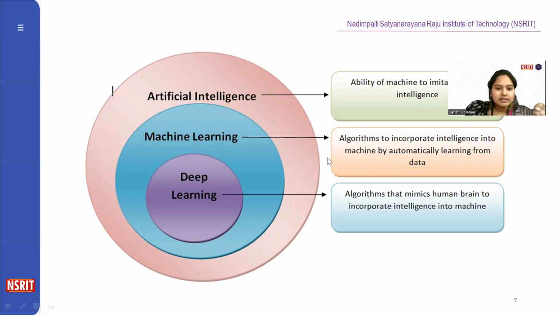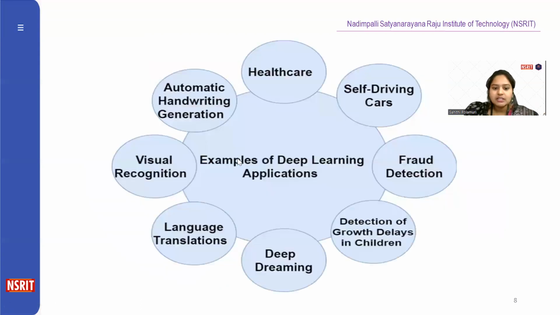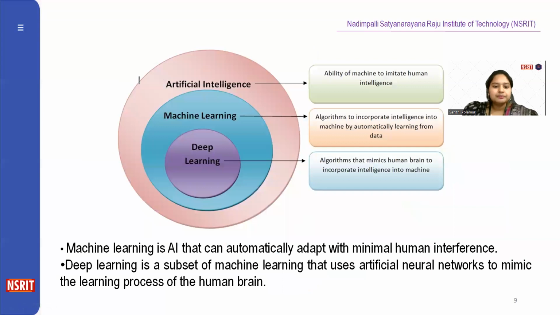So this is about artificial intelligence, machine learning, and deep learning. Examples of deep learning include healthcare, self-driving cars, which are booming now, visual recognition, and language translation.